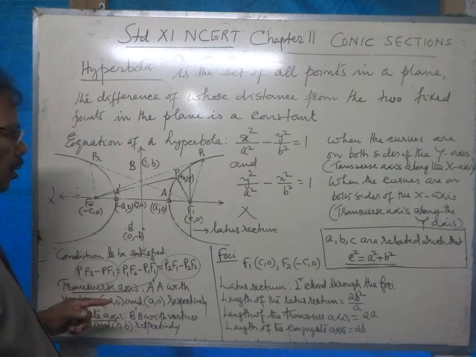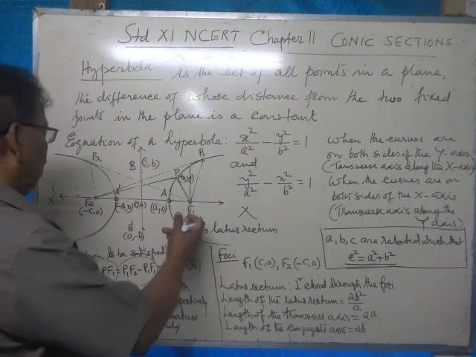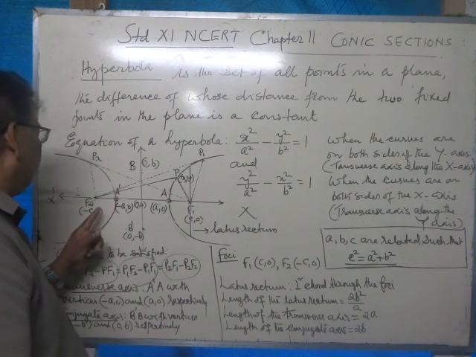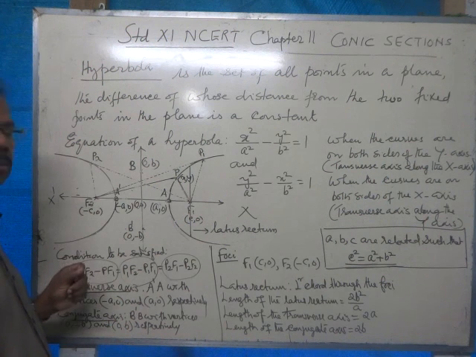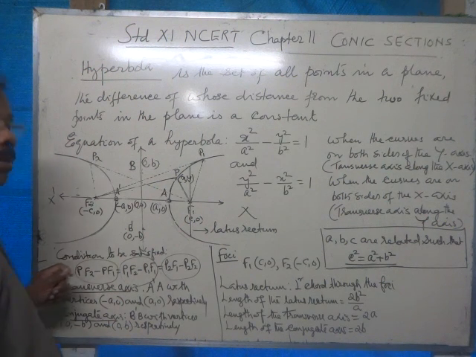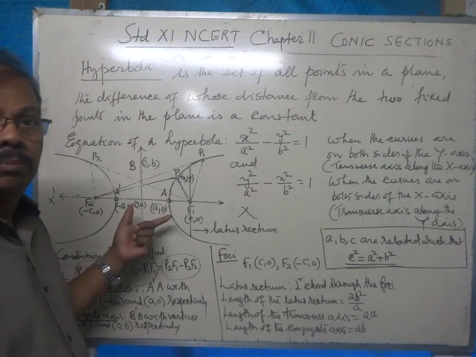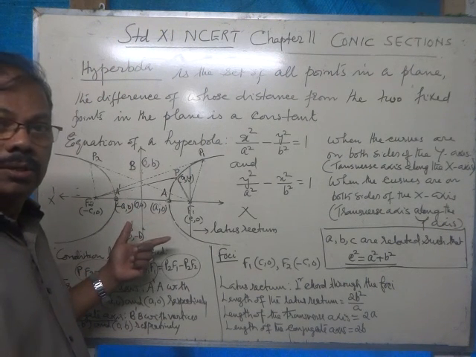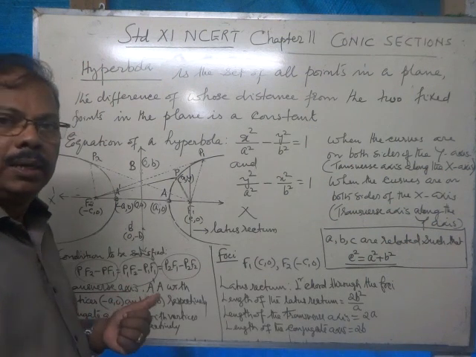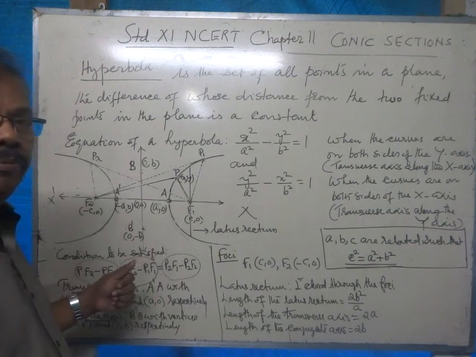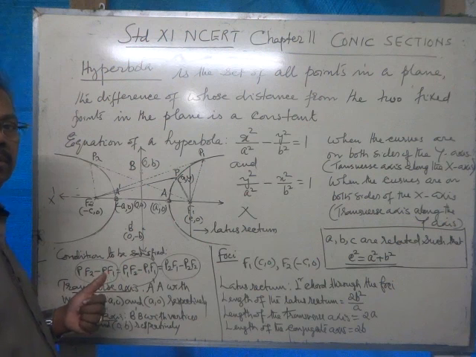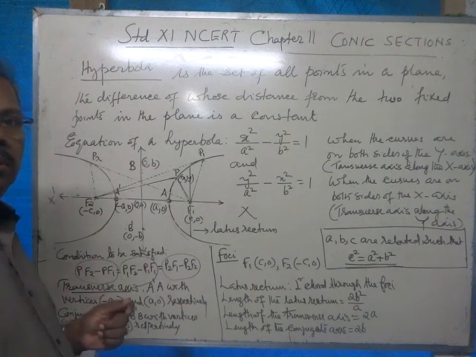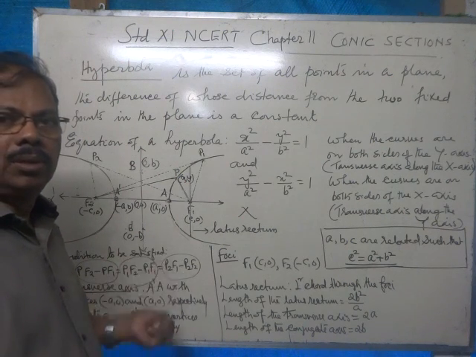Then the two fixed points, F1 and F2: F1 is (c, 0) and F2 is (-c, 0). Now the axis of the hyperbola, that is the transverse axis, is along the x-axis. Now there is the conjugate axis. The B'B is called the conjugate axis. It is along the y-axis.